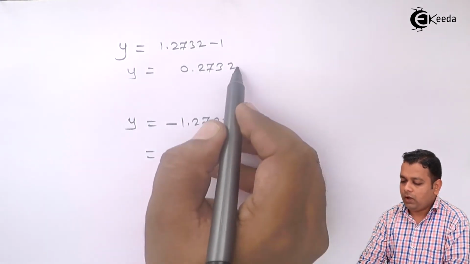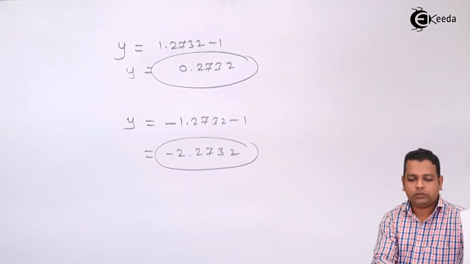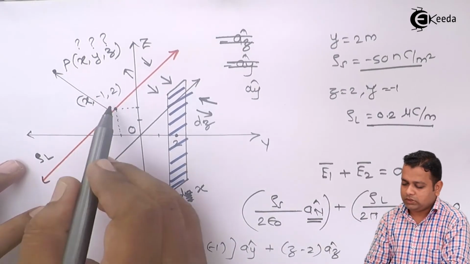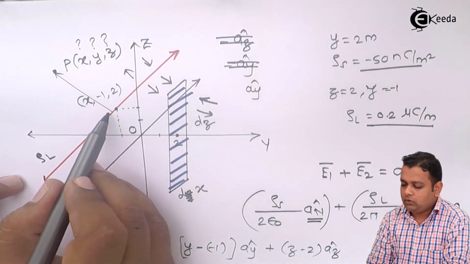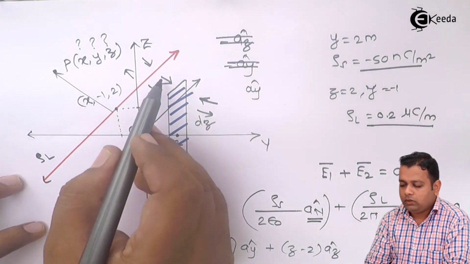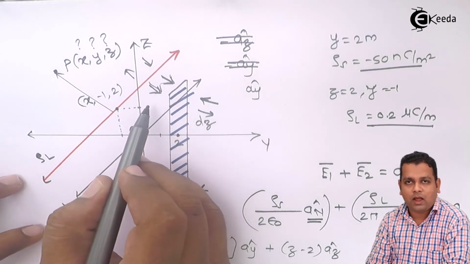If we compare these two values, in the diagram we have seen that this is the region y equal to minus 1 to y equal to 2. The electric fields produced have the same direction, so they are getting added up.